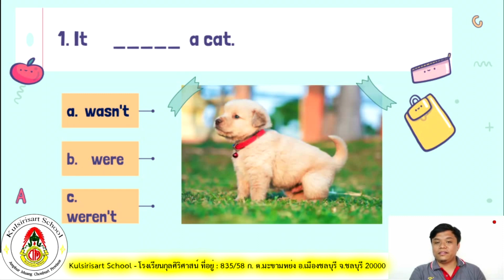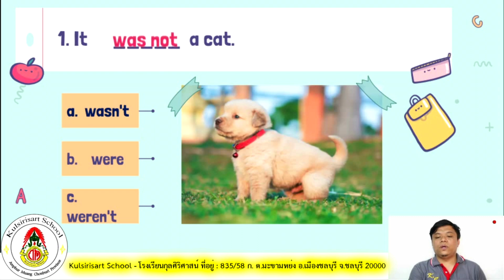I know you know the answer. No, teacher. It was a dog. So what will be your answer? It wasn't a cat. Teacher, it wasn't a cat. So we have a singular.